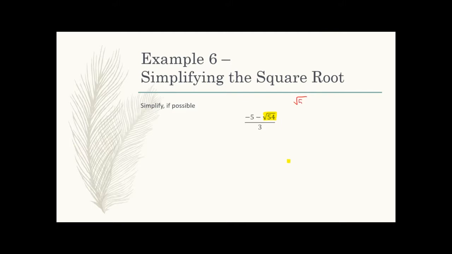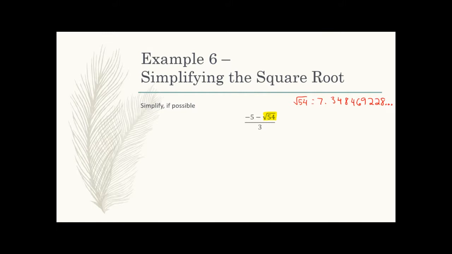So square root of 54 on my calculator gets 7.348469228, and it's just going to keep going. So we could replace it with that decimal value, but it's going to be a little nasty. And so instead we're going to simplify 54, kind of using the same method that I was doing before.